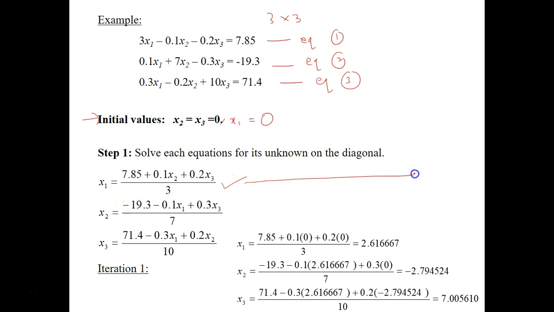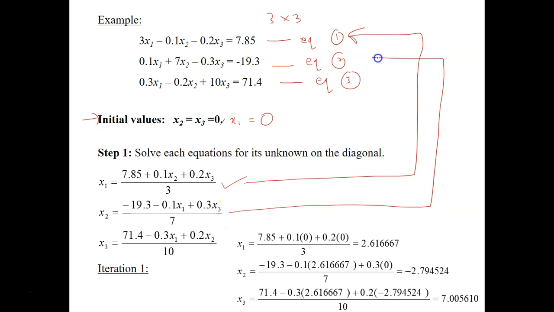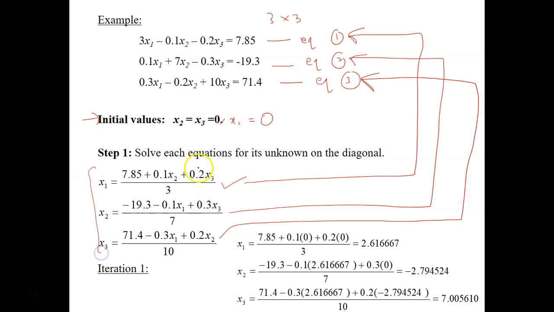Alright, so you will end up with this for x1. This is coming from the first equation. And the formula here to calculate your x2 comes from the second equation. And this formula here actually derives from the third linear equation. Okay, so now that you have worked out all your formulas, this is important.